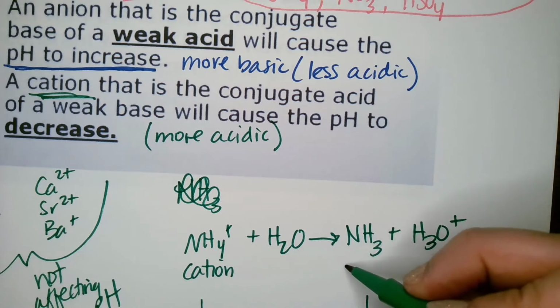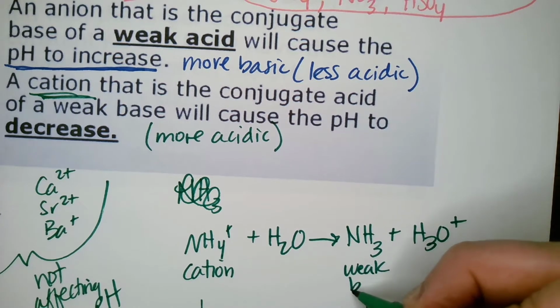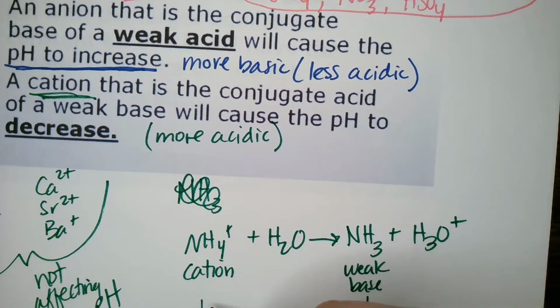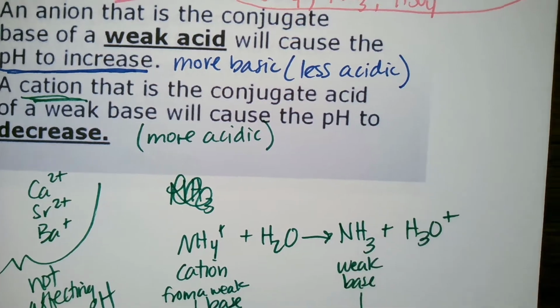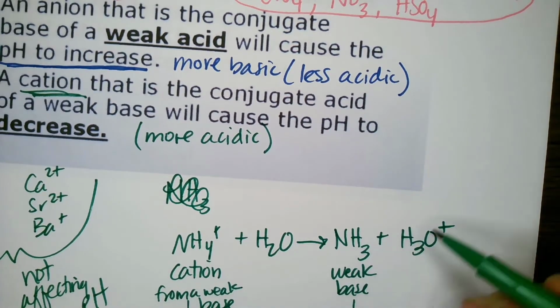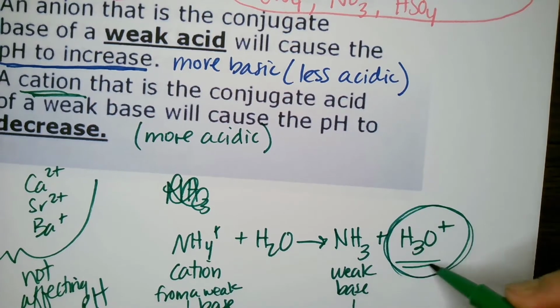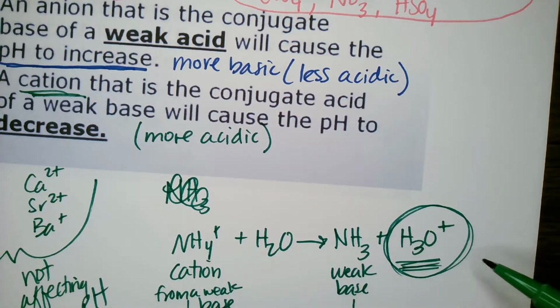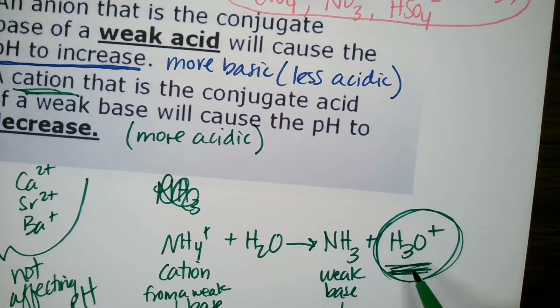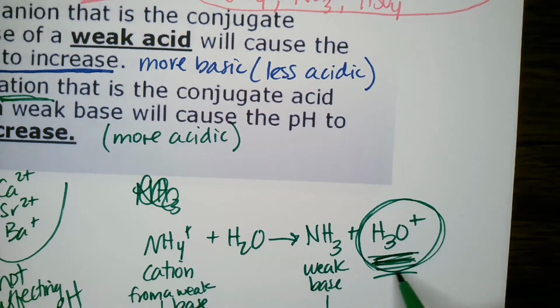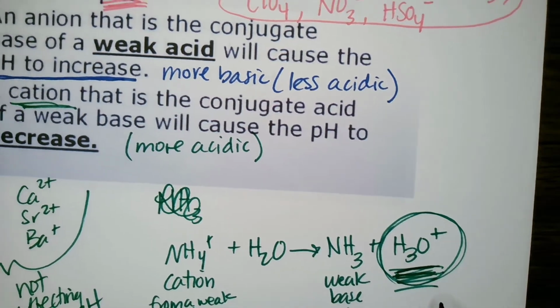Ammonia is a weak base. So this cation that's from a weak base is going to make our H3O+. This is going to make our solution more acidic, right? When it goes through hydrolysis, we have hydronium ions coming out into the solution.